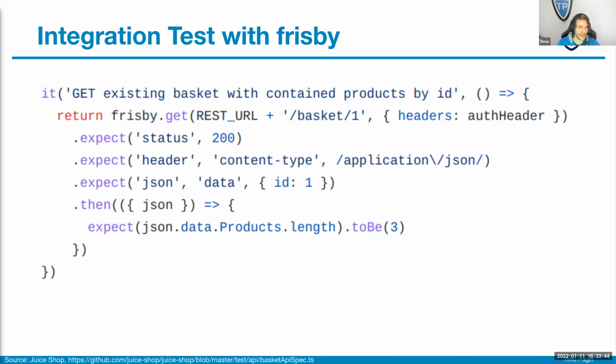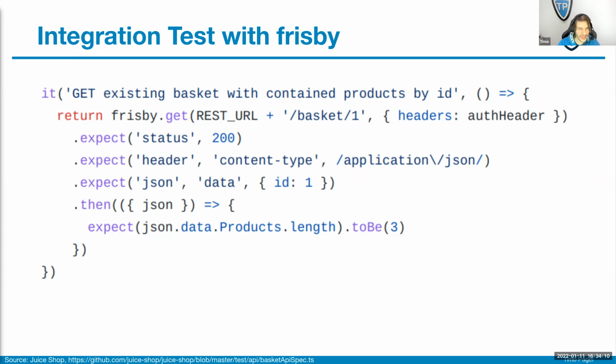What we can do here is get an existing basket which contains a product ID. So what we do is we call Frisbee, we perform a GET request on the REST URL, so that is the URL of the running Juice Shop, and we try to access the basket with the ID 1 here.